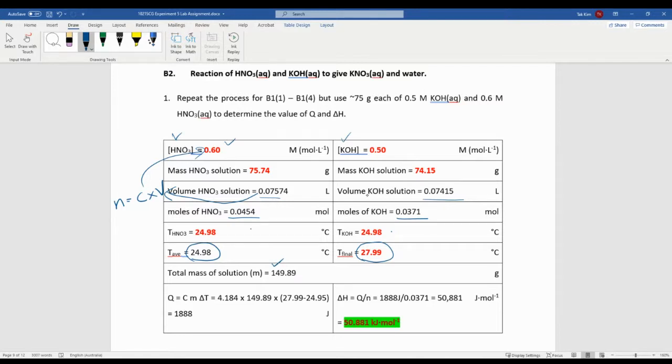And then for heat, you do the same as B1. C is already provided at 4.184 times total mass, and then change in temperature in Kelvin scale. So in the end, you should get a specific value, in kilojoules, 1.888 kilojoules.